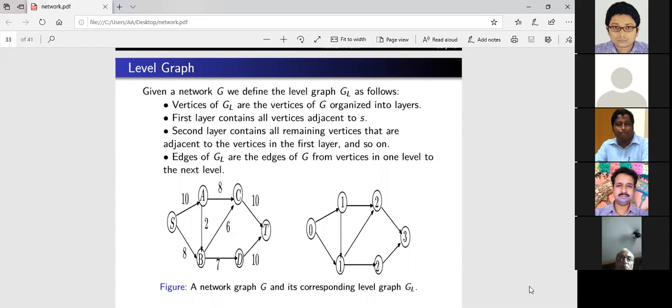What is the maximum amount that you can send? There are variations and extensions of this problem, with multiple sources, multiple destinations, multiple commodities. This is the bare minimum, absolutely level 0 introduction of this problem. This is an optimization problem.